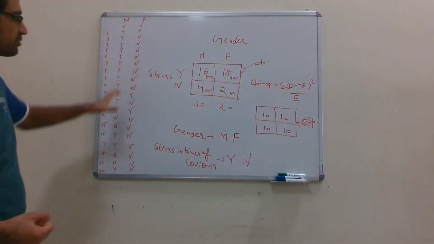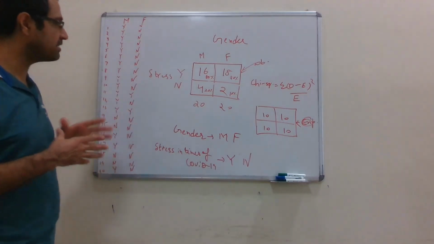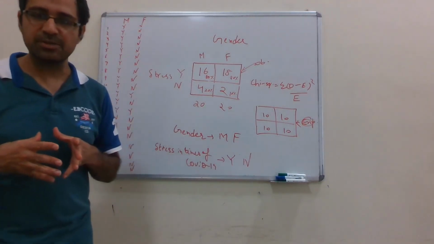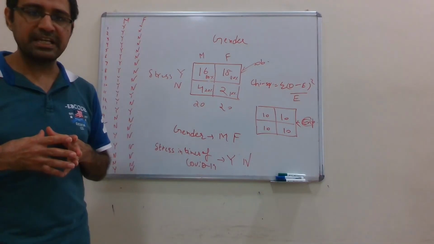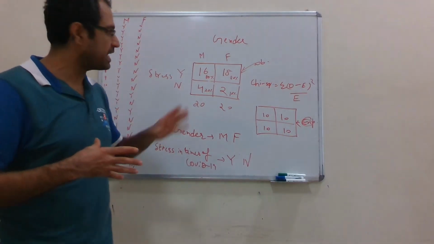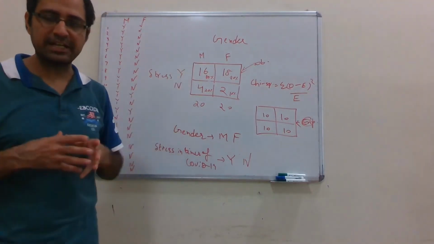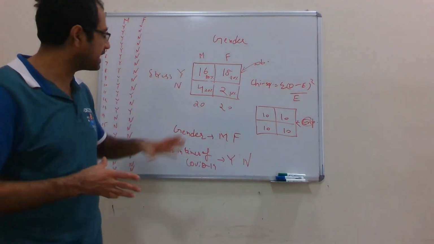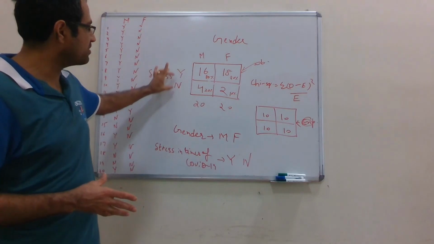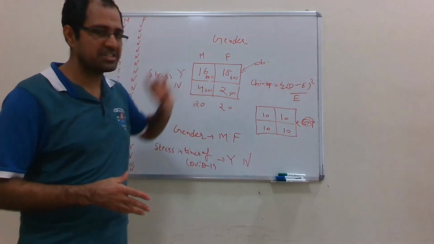And these are respondents of 20 men and women, 20 male and female. And to do the chi-square analysis, we put the variable and their categories on x and y axis. So we can do categorical with two variables at the same point of time. So stress, if you see, yes and no, male and female.